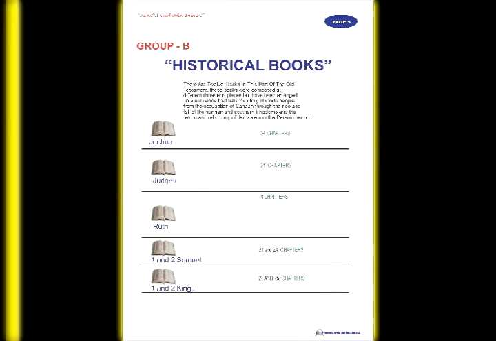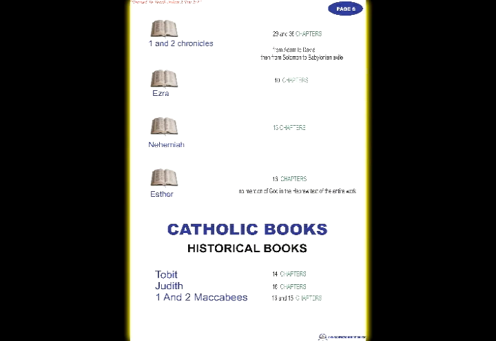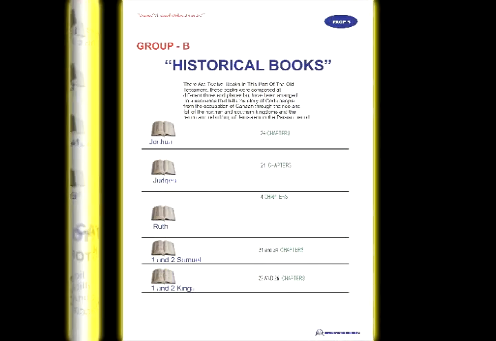The first one is Joshua, second one is Judges, Ruth, Samuel, Chronicles, Ezra, Nehemiah, Esther. So they are 12 books, historical books. The Pentateuch are 5, the historical books are 12. So in the historical books, there are 12 books in this part of the Old Testament.